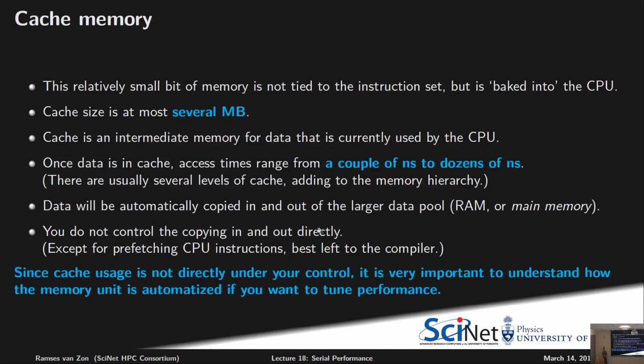Your code is translated by the compiler into something that uses registers and memory. The compiler cannot say, because you can't say, what is copied when into cache. There are some exceptions, but by and large this is true. And so we have to understand what happens when this copying happens to understand what might go wrong.